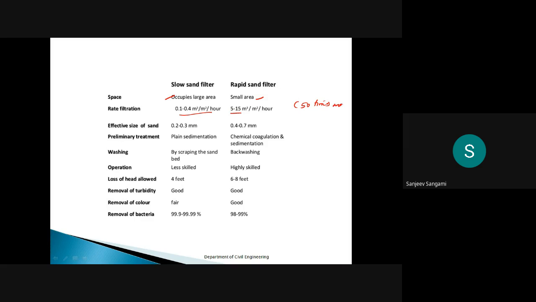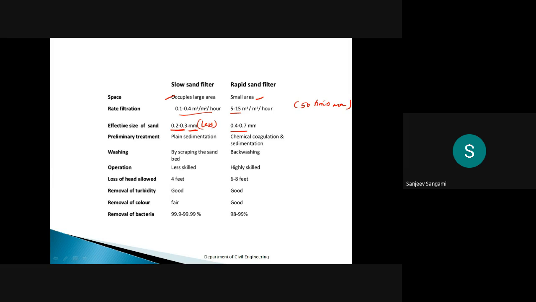Then the effective size of the sand should be 0.2 to 0.3 mm, but here it is 0.4 to 0.7 mm. Here the size is less. Remember, that is why it is slow.